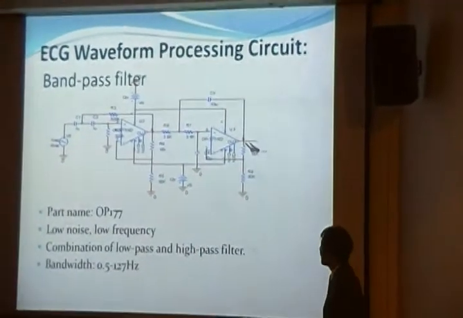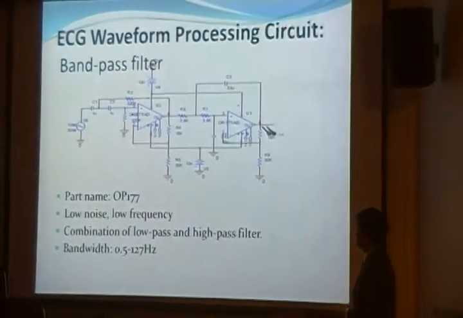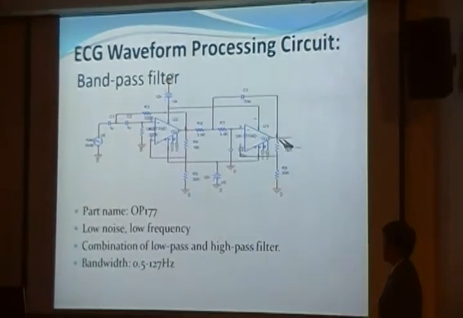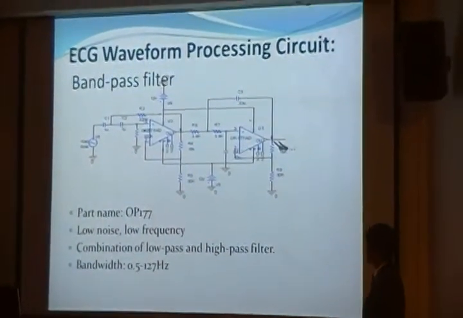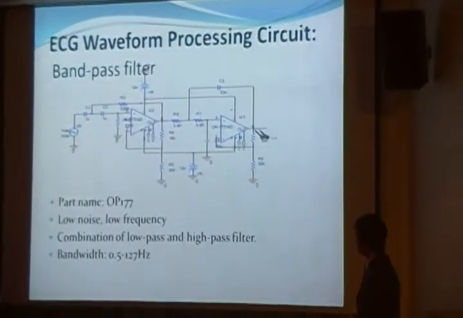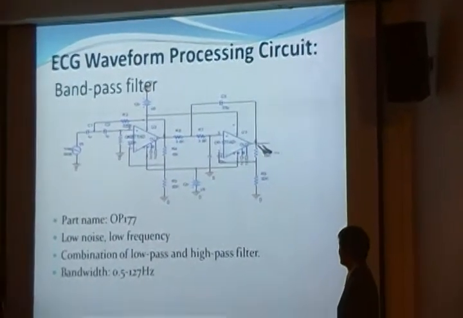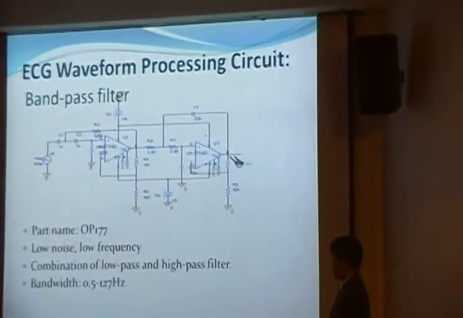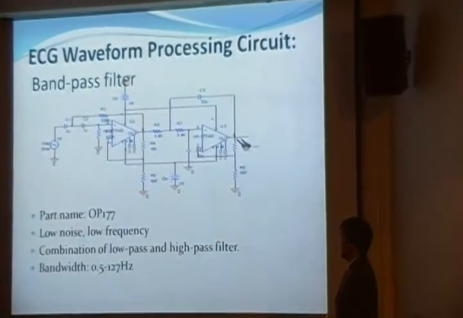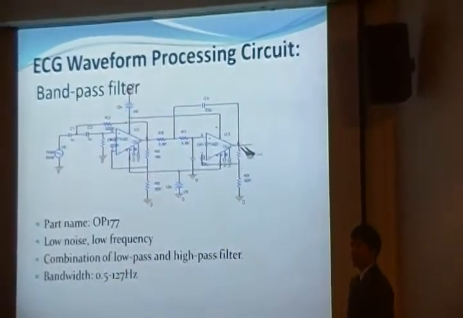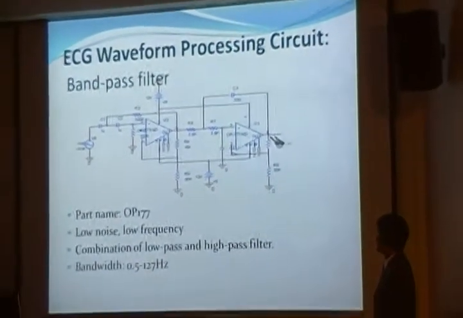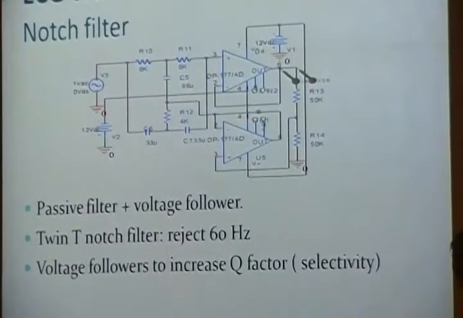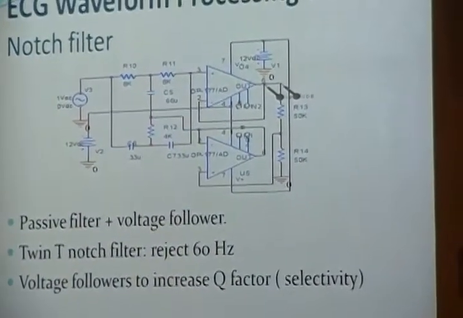For the band pass filter, we use the OP177, a low noise, low frequency op amp. Here we combine the low pass filter and high pass filter to limit the bandwidth from 0.5 to 127 hertz. And last, we build the notch filter.